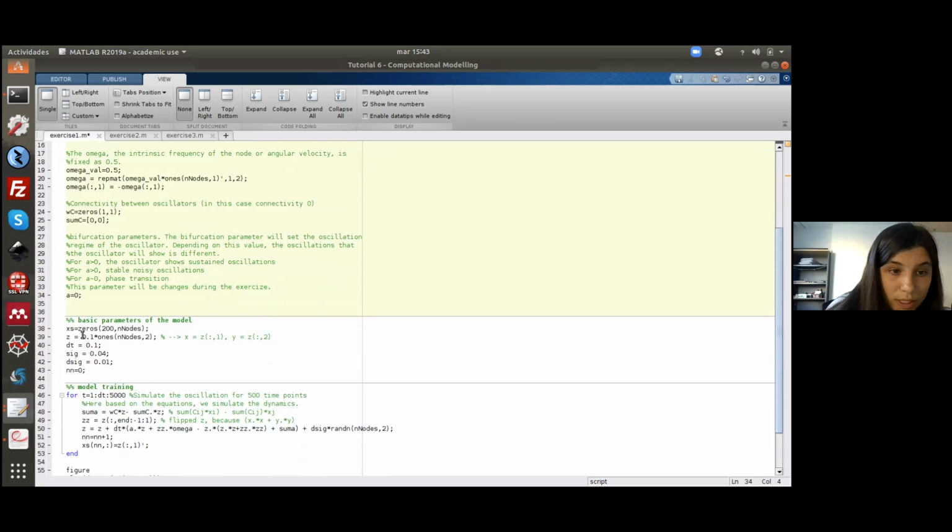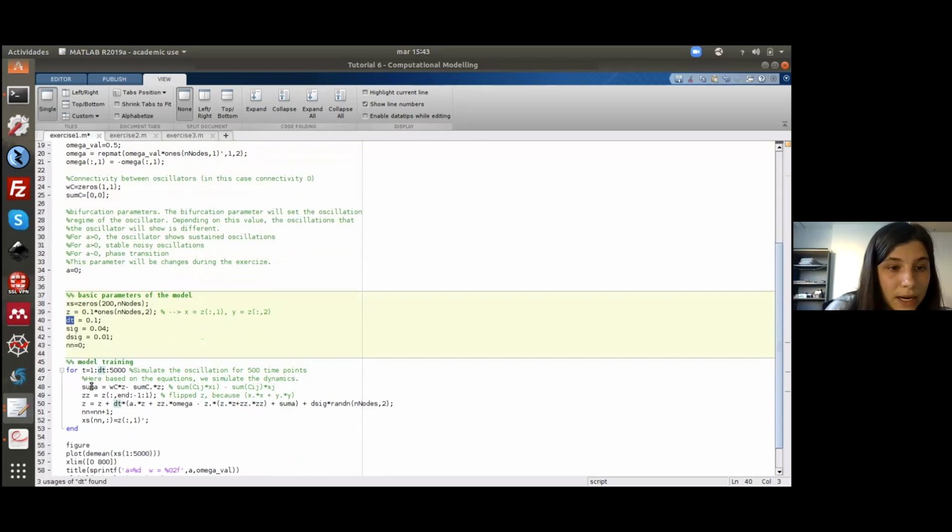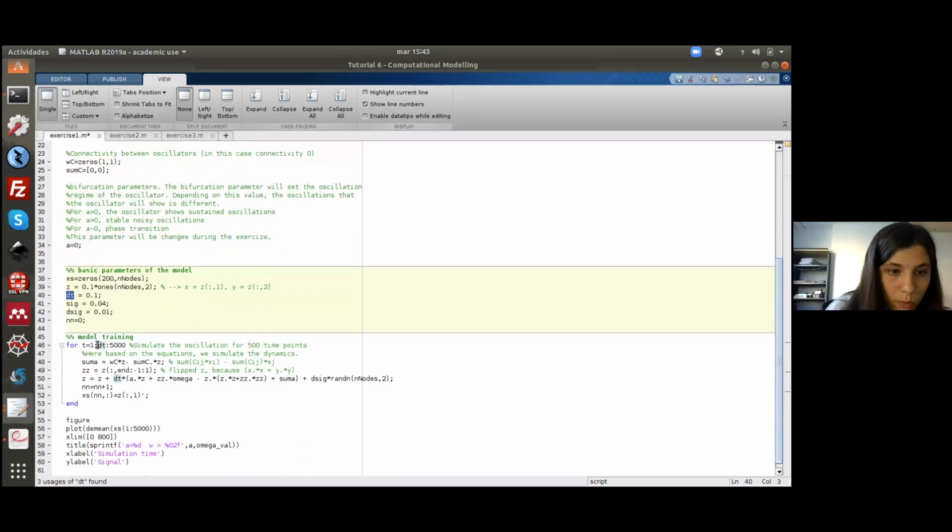These are also the basic parameters of the model. Here we define, for example, the time step and other model parameters. And here we have the actual model. As you can see here, in line 50, this is the equation of the model, the equation that Manel has explained.